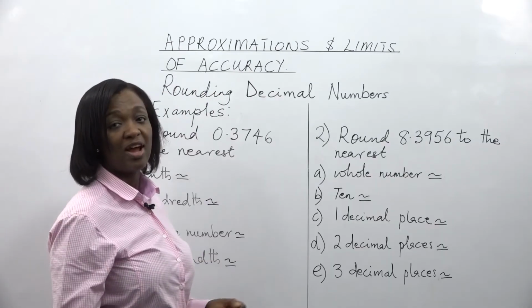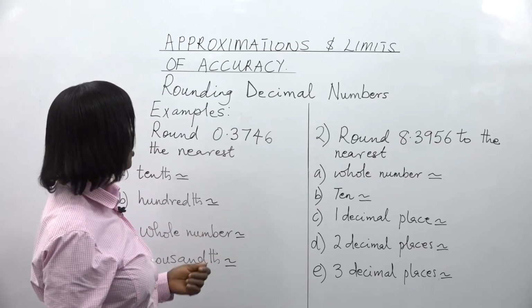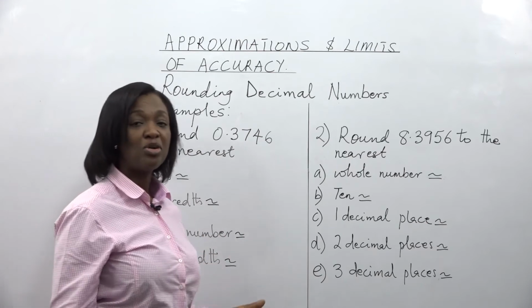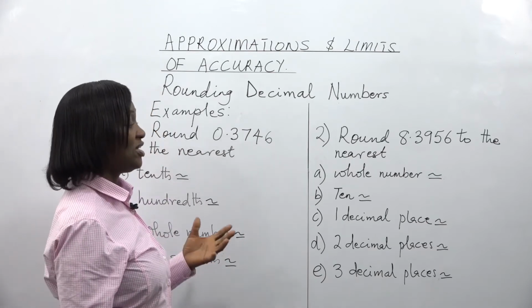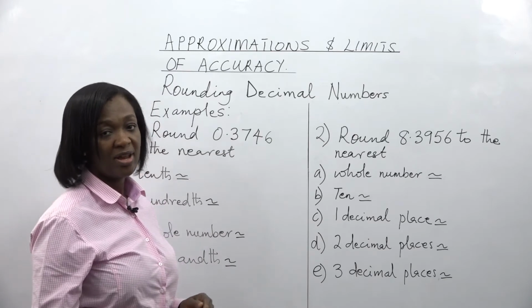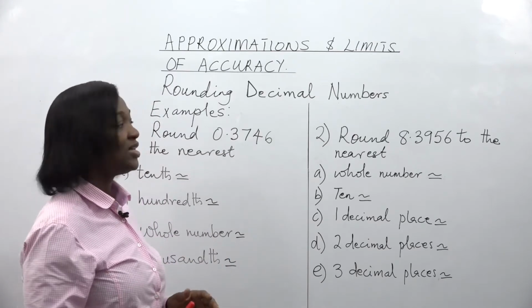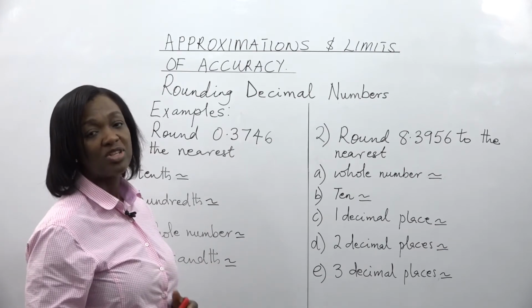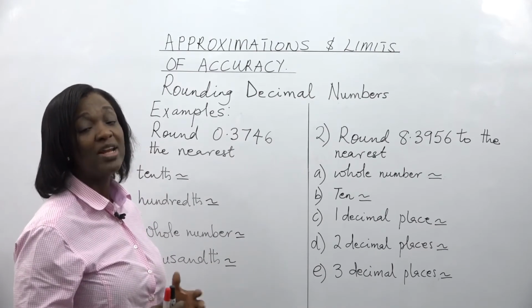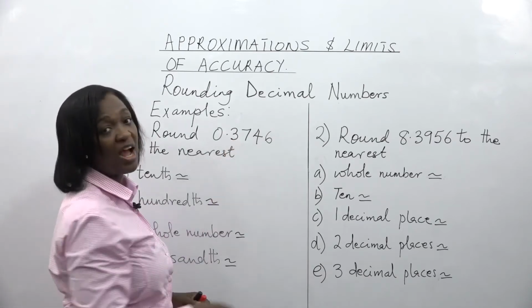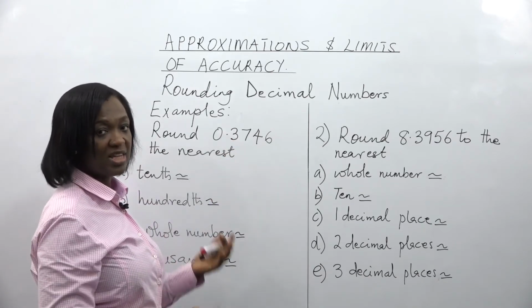Here we want to learn how to round decimal numbers to the nearest tenth, or to the nearest whole number, the nearest hundredth, thousandth, and so on. But the first thing we should know is rounding numbers to the nearest tenth is the same as rounding the number to 1 decimal place, because the place value of the first digit after the decimal point is tenth.